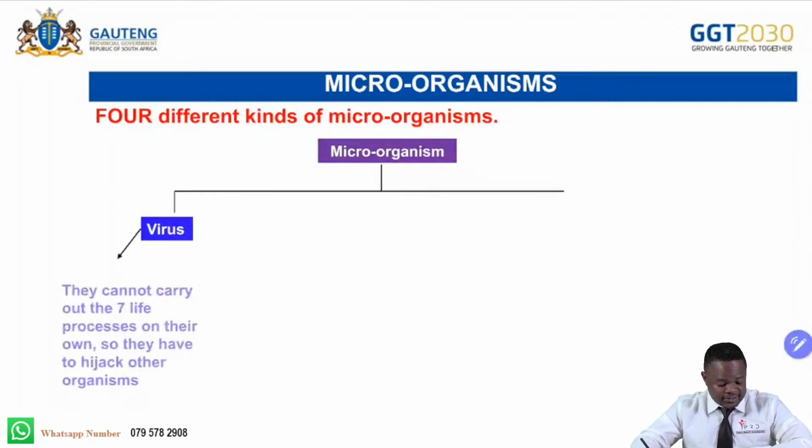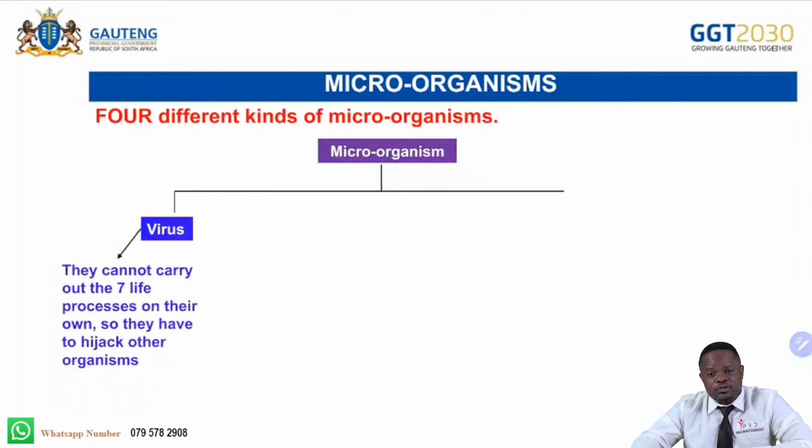Our viruses, they cannot carry out all the 7 life processes. Okay, and as such, they are sometimes referred to as non-living. We won't go much deep about that. They are sometimes referred to as non-living because they only reproduce. They do not carry out the rest of the life processes.